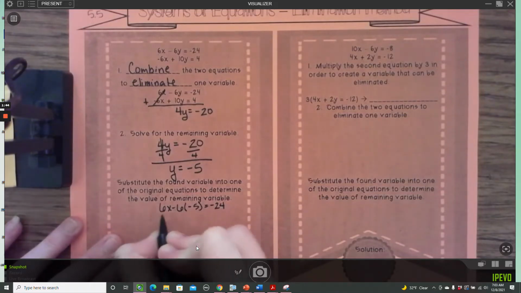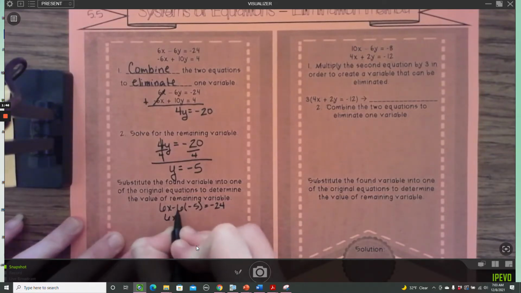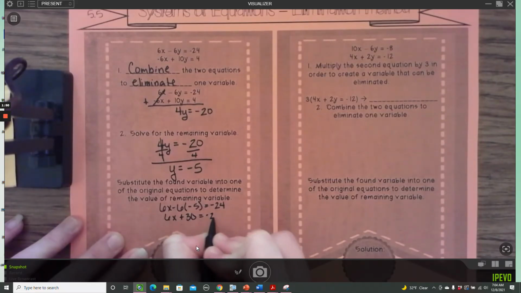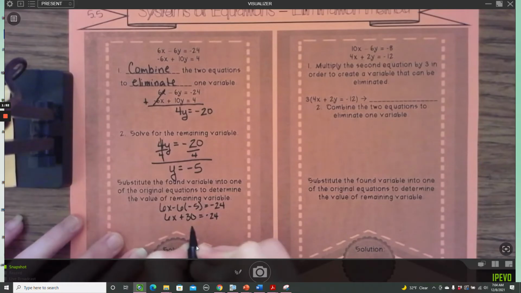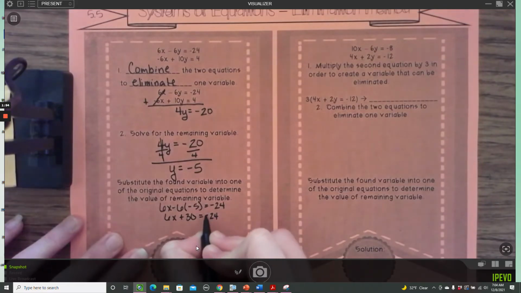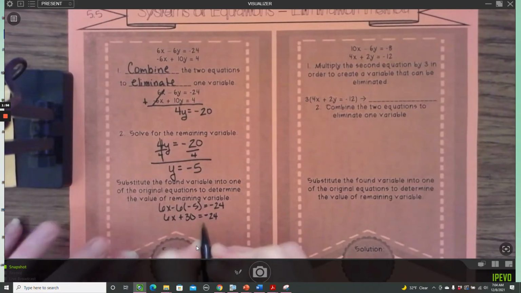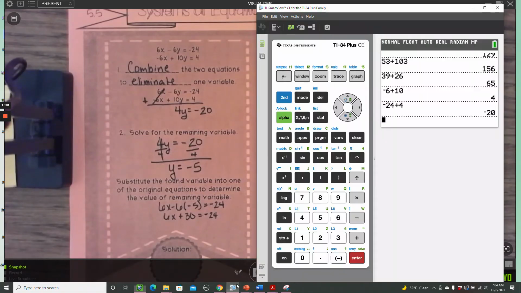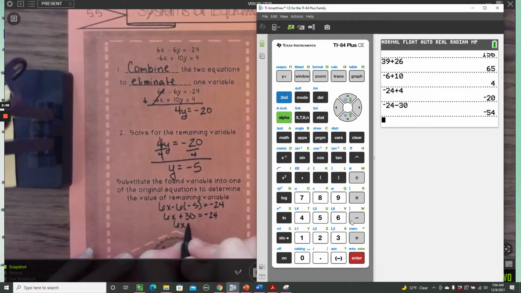So if I simplify here, 6x, negative 6 times a negative 5 is a positive 30. So, and I'm going to go real quick here because I don't have a lot of space. So I'm going to subtract 30 from both sides. So negative 24 minus 30 would give me 6x equals negative 54.